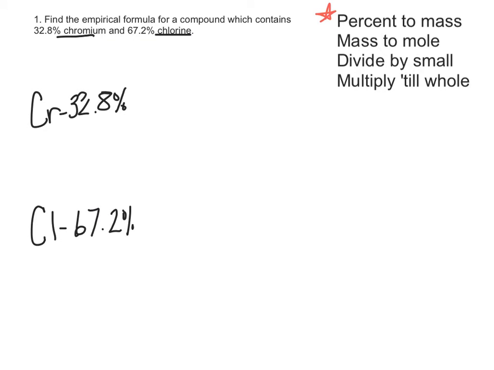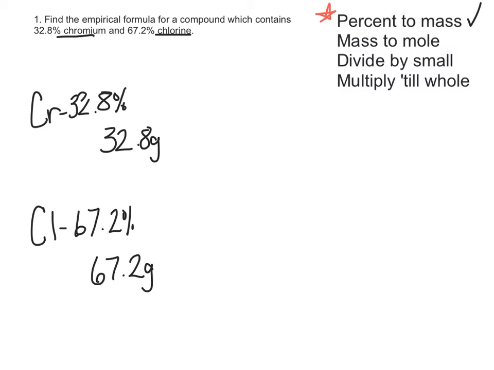This is the easiest step because all you're going to do is drop the percent sign and put a G. So for chromium, we're going to have 32.8 grams. And chlorine, we're going to do the same thing, 67.2 grams. So we just did step 1, percent to mass. Now, if the mass is already given, we can skip that. But in this one, since it gave us percentages, we have to go ahead and do that.